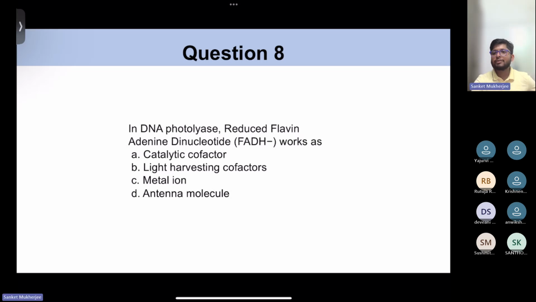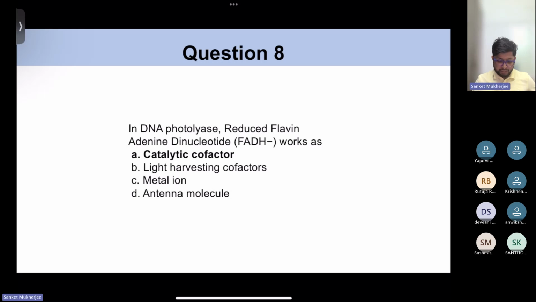Would anyone like to answer? Nobody. Catalytic cofactor is FADH. If you remember, this is the answer.